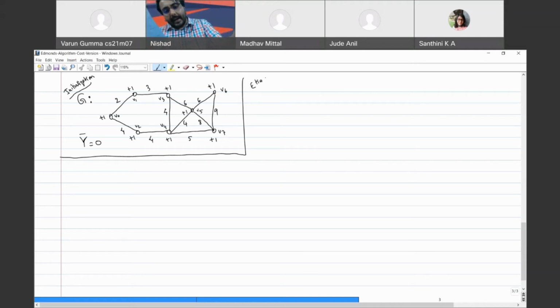And when I say E tight, I mean all the vertices and the edges that are tight for the current graph, which could be G or it could be some G prime. Okay. So the current E tight, it's basically all the vertices, of course. And there is only one edge, which is this edge, whose cost is 2. Okay.